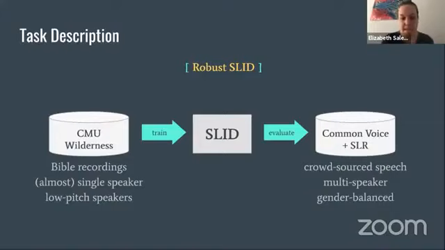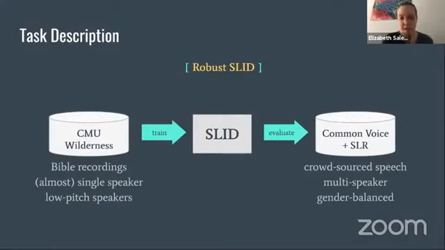Here we've taken subsets of Common Voice and OpenSLR resources, all of which are publicly available, which represent a wider range of variations. Often this is crowdsourced speech. They're multi-speaker data sets. And what we've done is select small, gender-balanced, speaker-balanced validation and eval sets.